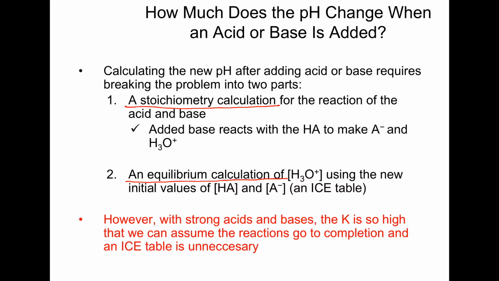But for strong acids and strong bases where the K is really high, we basically assume that everything goes to completion and this part of that calculation really isn't important. So for strong acids and strong bases, we can skip that calculation, but when we start doing weak acids and weak bases, we'll have to add that part of our calculation to our pH calculations.